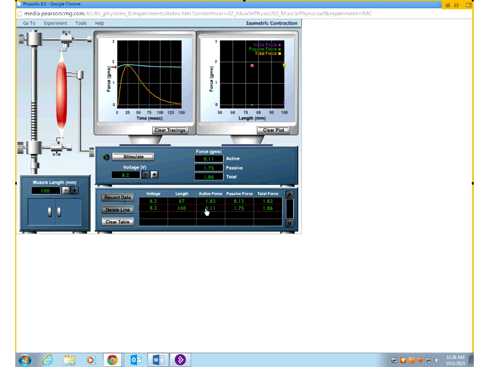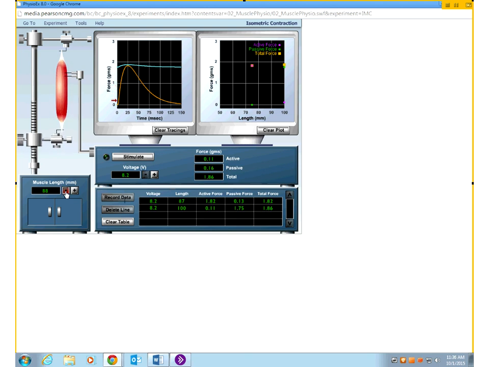For our active force here, we only have 0.11. We have a lot of passive force taking place over here, but we don't have nearly as much active force, because the zones of overlap are too far apart from one another. So the myosin heads aren't able to actively pull in the thin filaments towards the center line. We're really just looking at the force that's been exerted passively through the activity of the tendons.